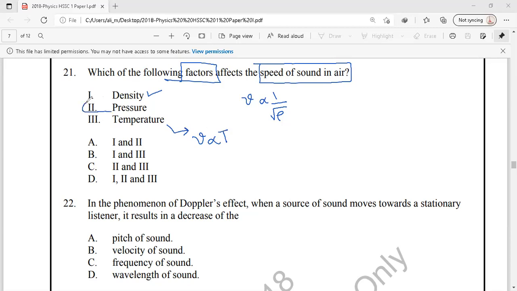While the pressure is a factor that is independent, velocity is independent of the pressure of the medium. So, the correct factors for the speed of sound in air are density and temperature. These two are the factors that can alter the speed of sound in air or any medium. So for question number 21, the correct answer would be option B, 1 and 3.